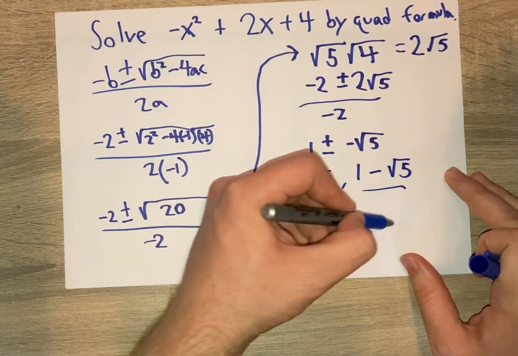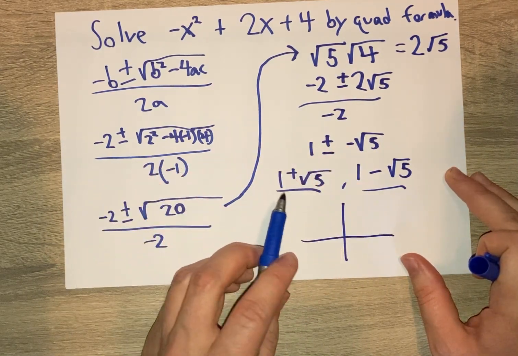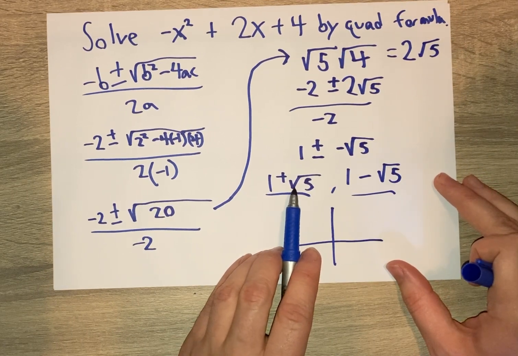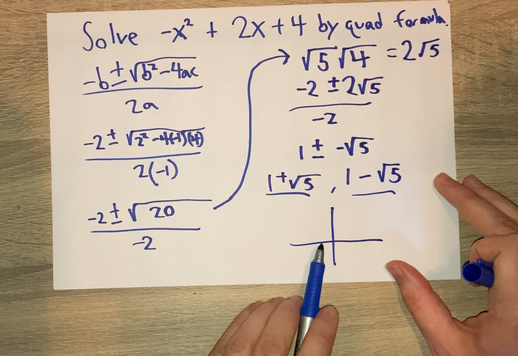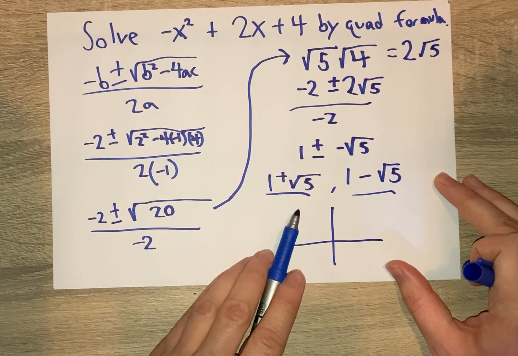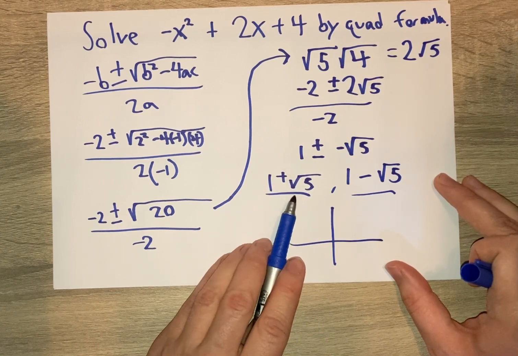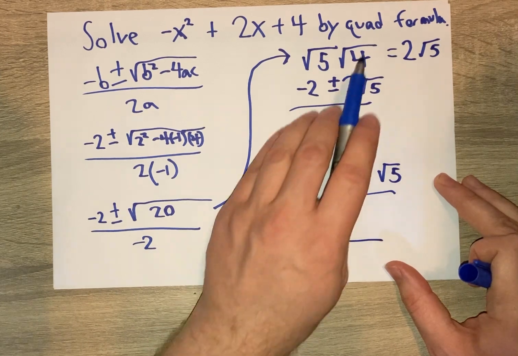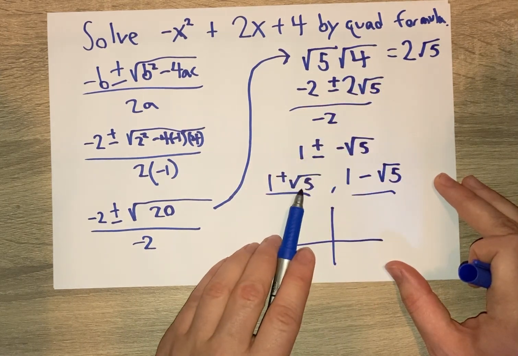Just quickly, because I think students do get confused on this more often than maybe even some of them like to admit. Dealing with square roots and trying to plot them on a graph, that transition can be tough. So the way I like to do it is find the closest perfect square. In our case, we know that root 4 equals 2. So root 5 is going to be just a little bit more.